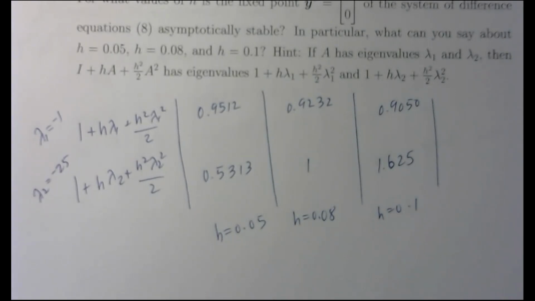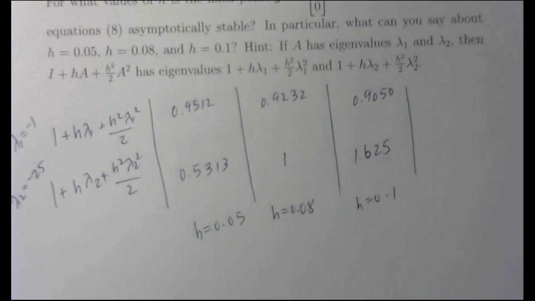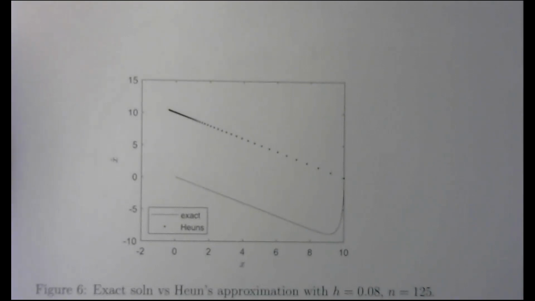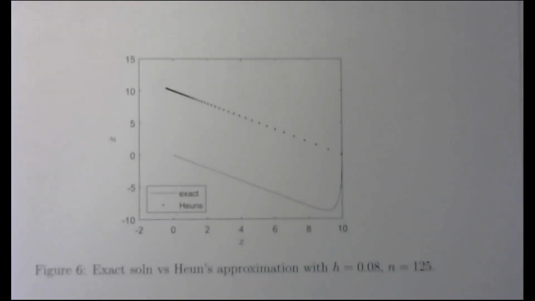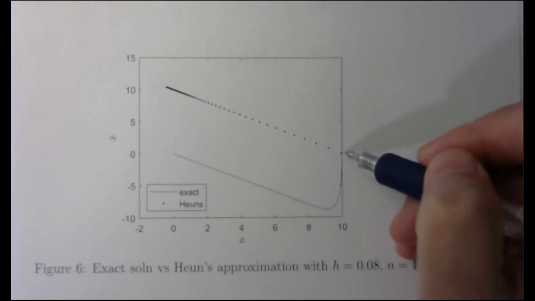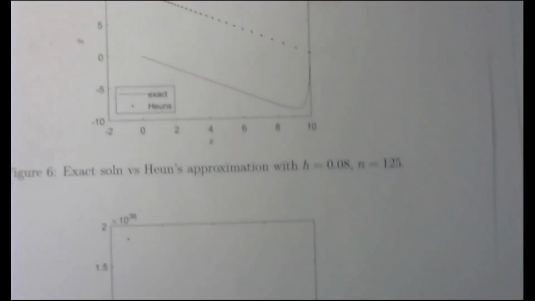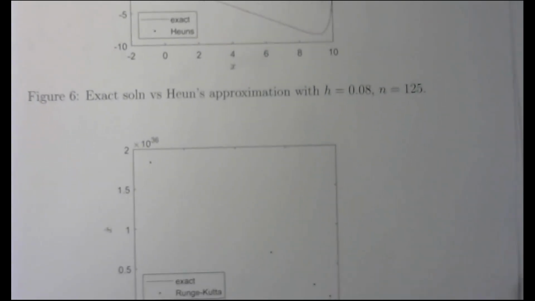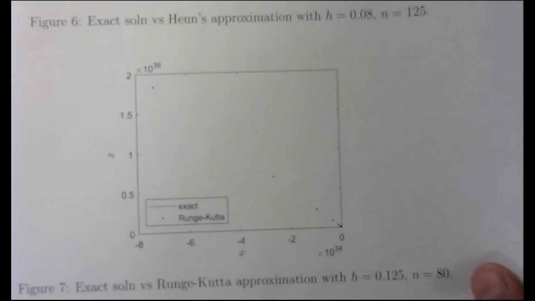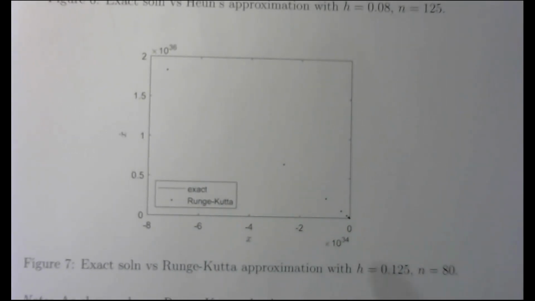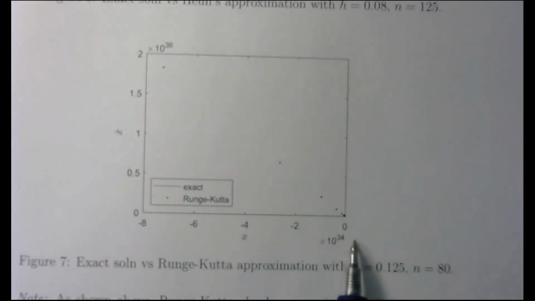And in fact, if I look when h is 0.08, I'm on page 10 of the notes now, you can see this plot, where again, it doesn't go to infinity. So A to the k is not blowing up because it has an eigenvalue at 1, but it's not converging. And similarly, if I plot Runge-Kutta, not with an h of 0.08, because Runge-Kutta seems to converge for some pretty large step sizes, but an h of 0.125, you can see 10 to the 36, 10 to the 34.